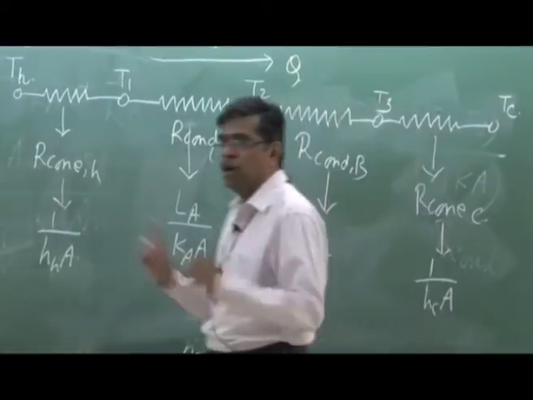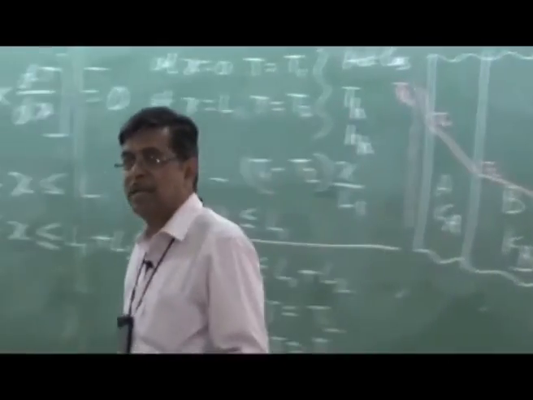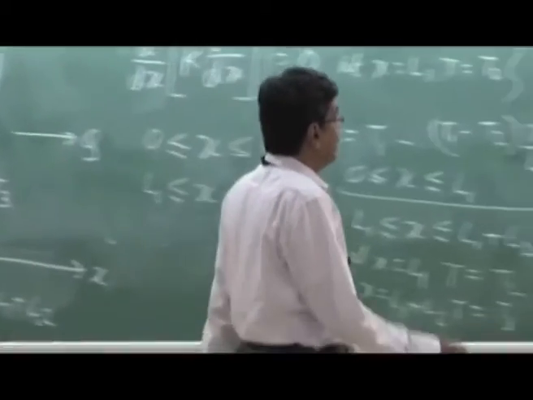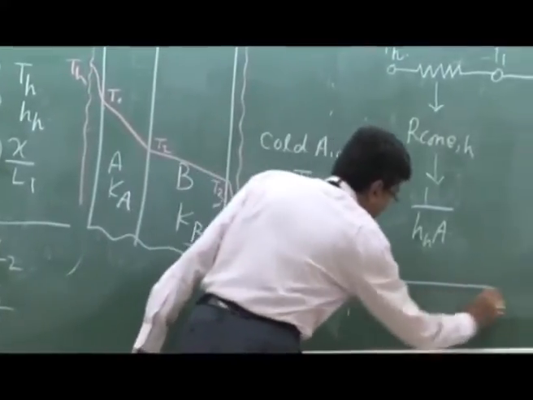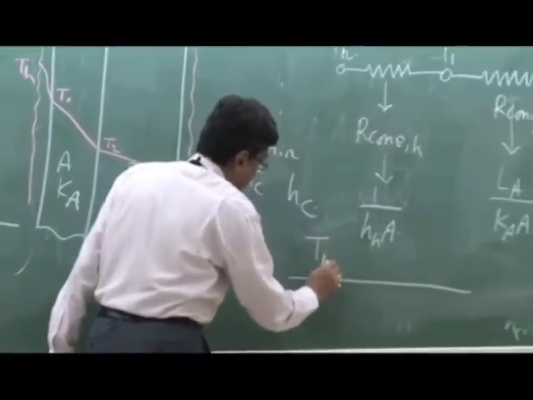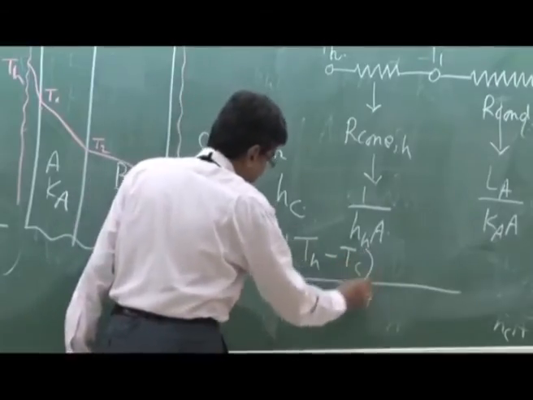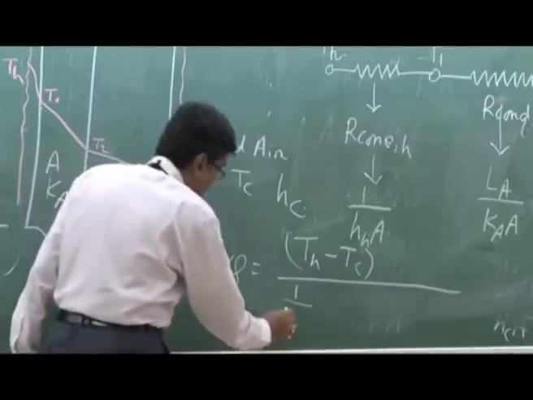So if one can draw this electrical analogous circuit as a combination of resistances, then the problem is solved, and we can then write Q in terms of the overall temperature difference. It is the same as a single wall.